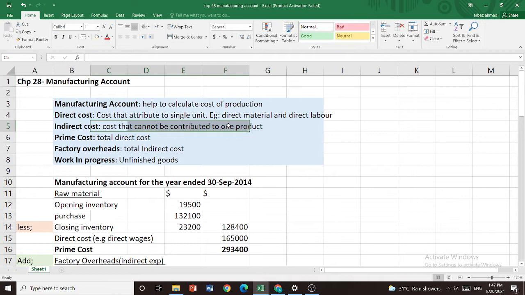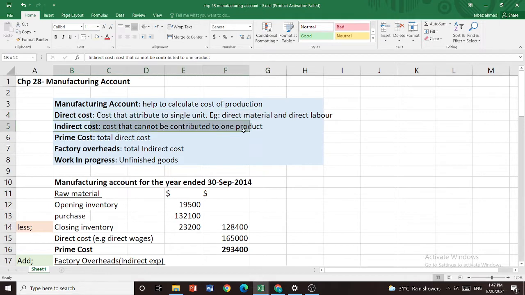So you don't know how much that machine is producing. But if you can see that every day it is making 500 units, then it will be direct cost.